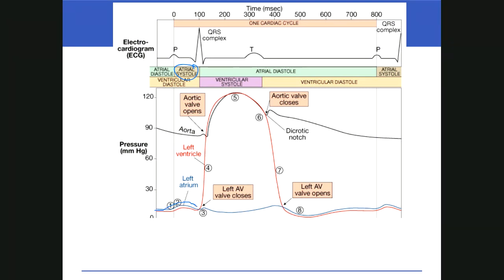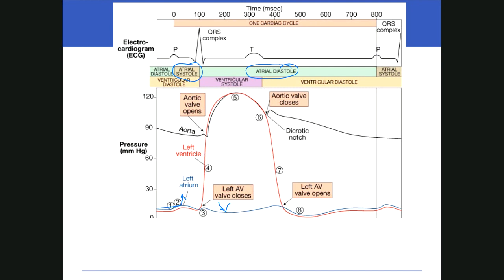And when the atria go into diastole, the pressure goes down. So if we look at the pressure of the atria, remember it's only the left one, all the way through, it goes up during atrial systole, and it goes down during atrial diastole.